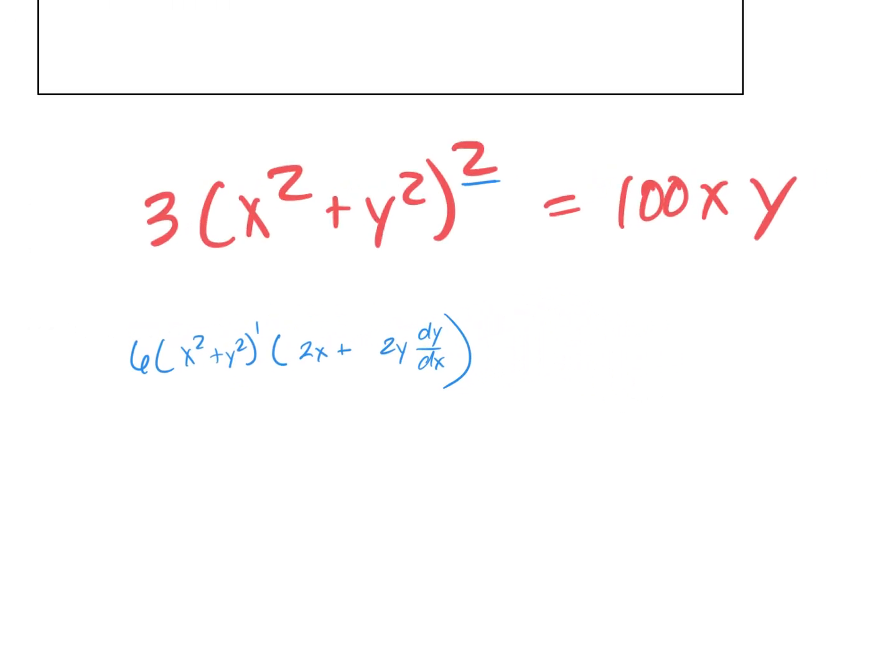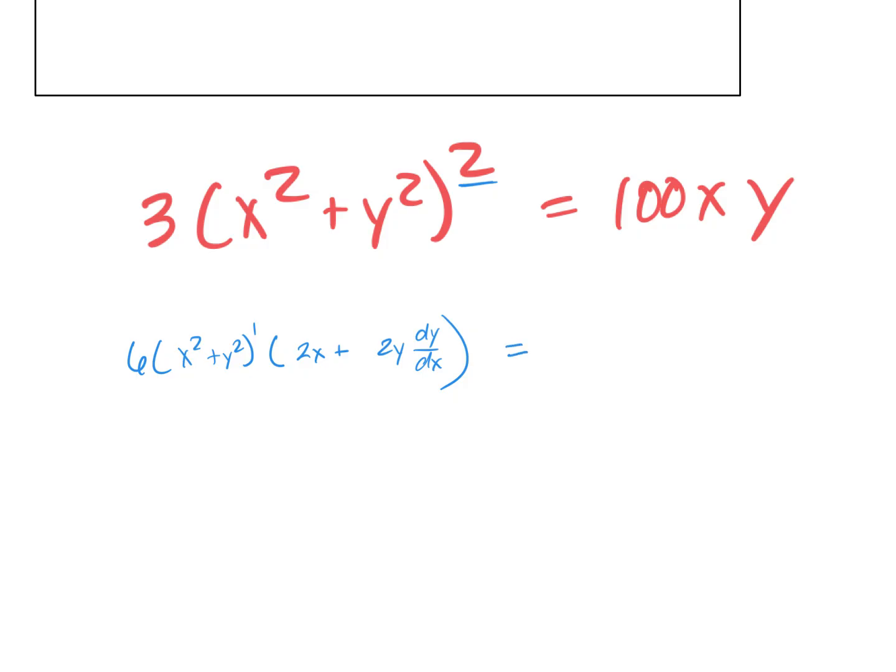What would happen on the other side? This is a product rule question, okay? I would probably separate it out this way. All right, so product rule is fig if, right? So what's my first term? 100y.